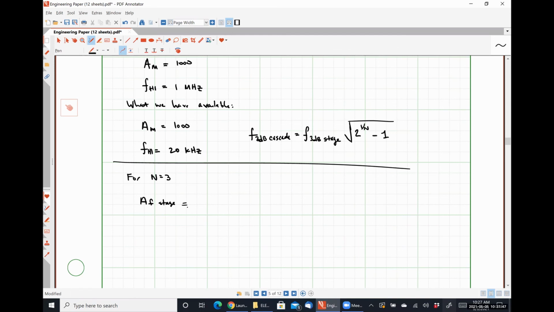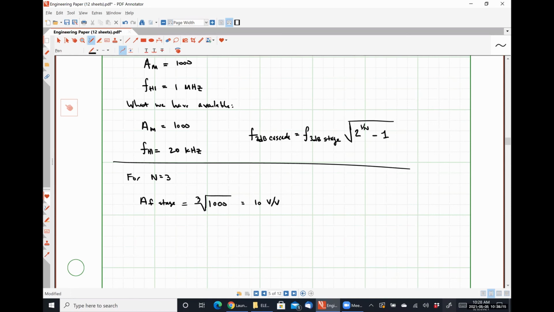So I would argue that the gain with feedback, or the closed loop gain that each stage needs to provide, is the cubed root of 1000, right? Because we're just going to multiply those 3 stages together. So that would be cubed root 1000, or 10 volts per volt.